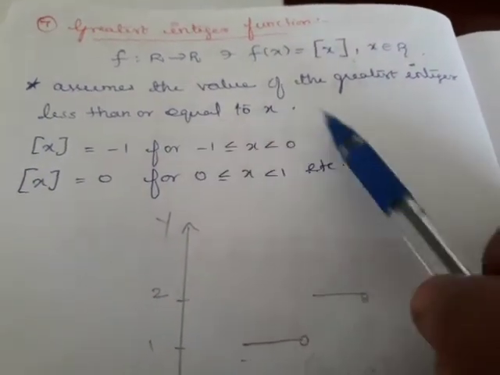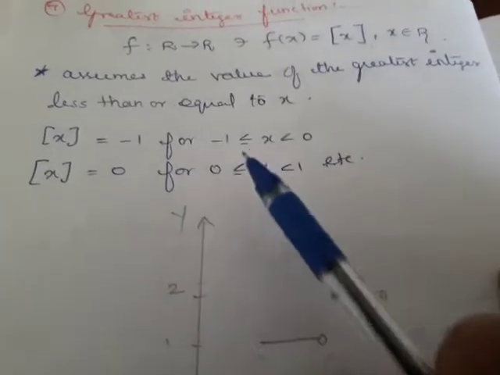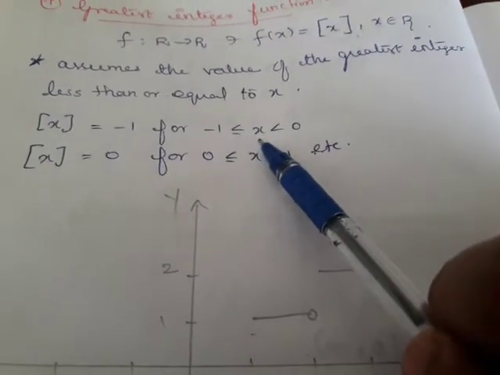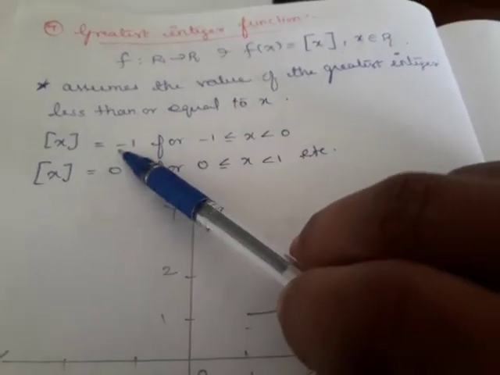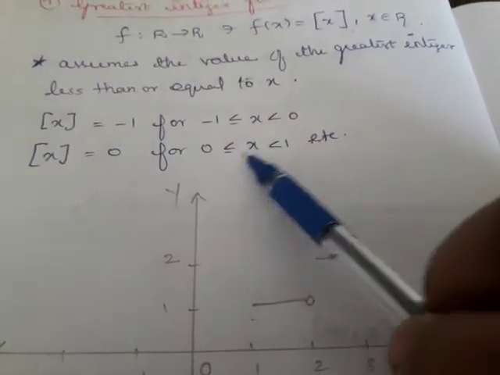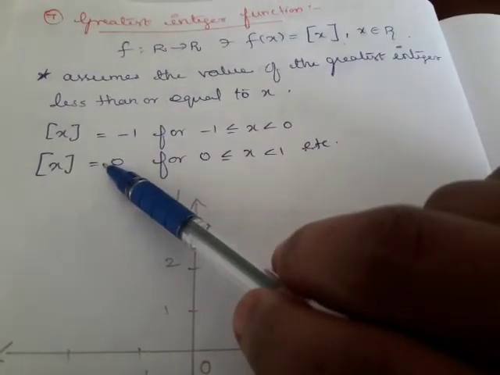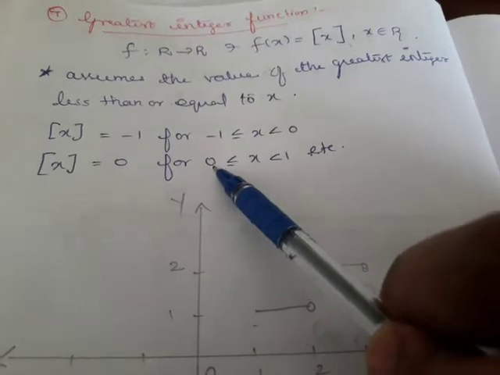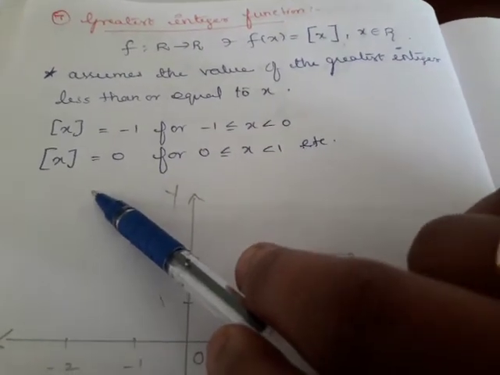It assumes the value of the greatest integer less than or equal to x. For example, if the chosen value is between minus 1 and 0, we will take the answer as minus 1. If the chosen value is from 0 to 1, we will take 0 as the answer. The smallest value we will take.